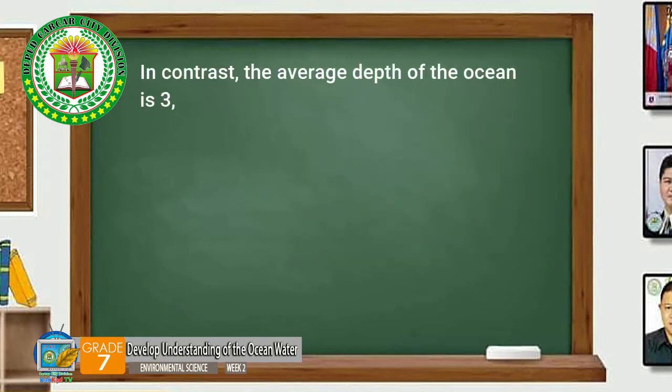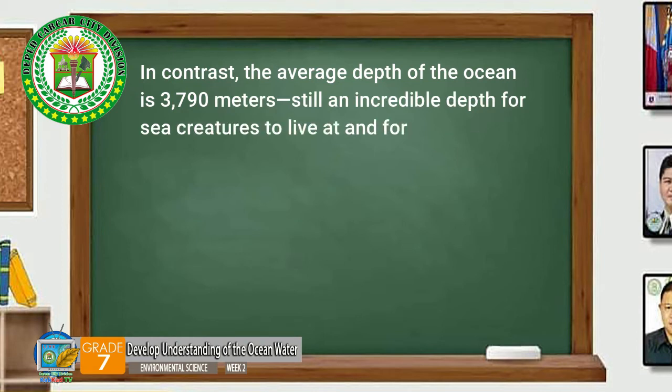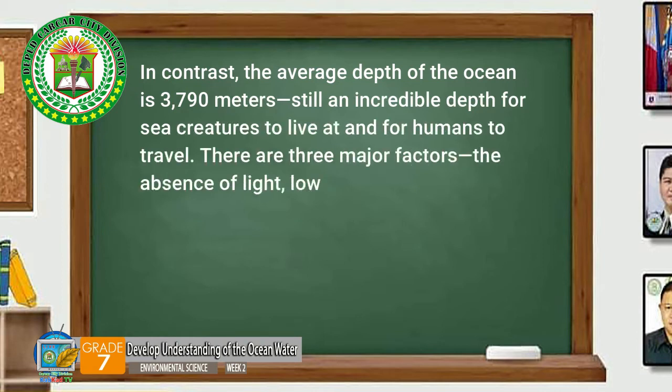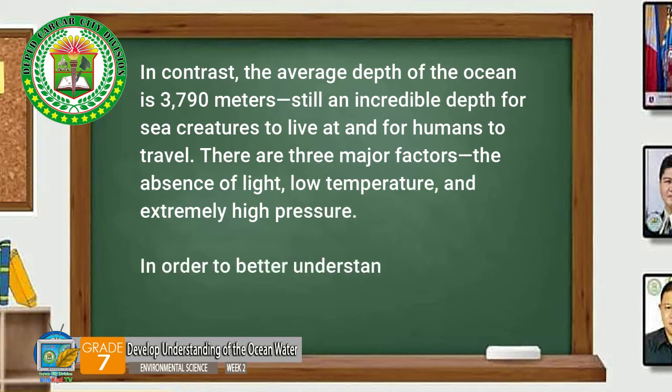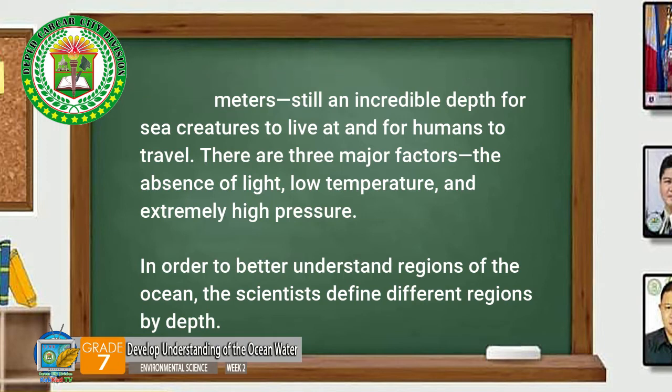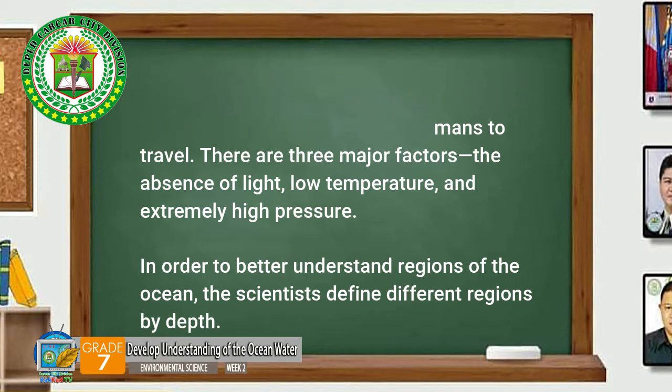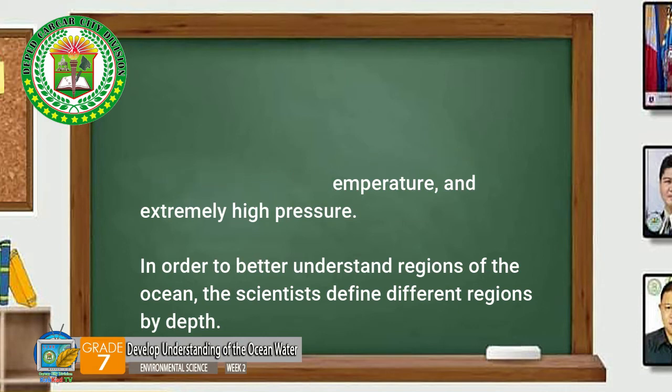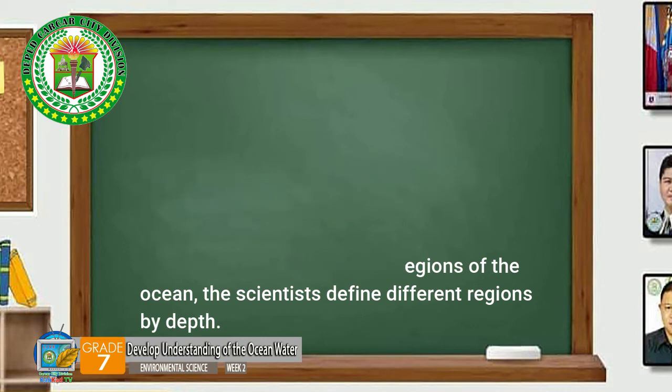In contrast, the average depth of the ocean is 3,790 meters, still an incredible depth for sea creatures to live at, and for humans to travel. There are three major factors: the absence of light, low temperature, and extremely high pressure. In order to better understand regions of the ocean, scientists define different regions by depth.